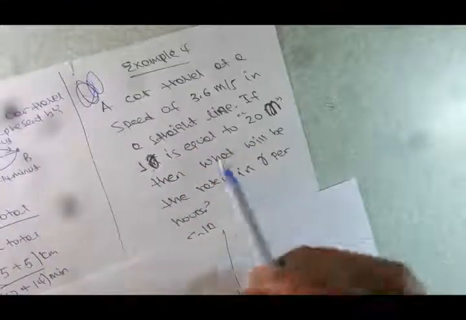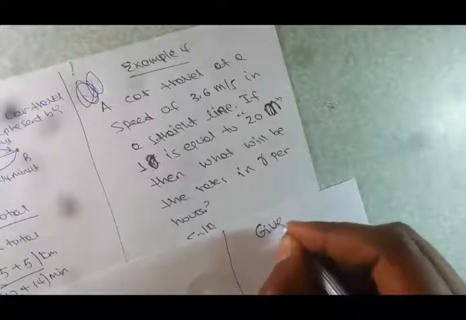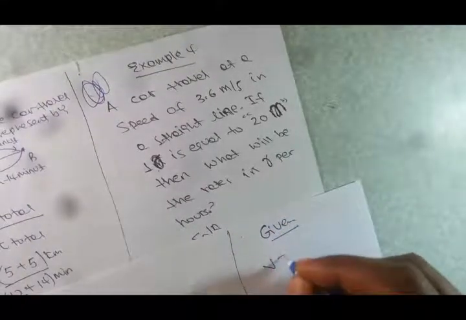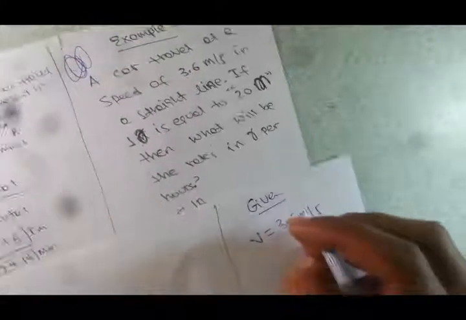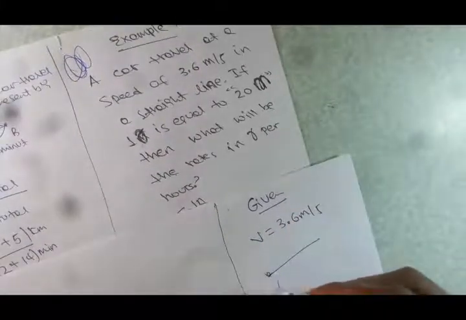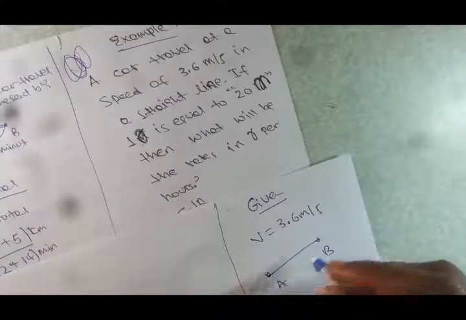Example 4 is given. A car travels at a speed V of 3.6 meters per second in a straight line from A to B, the distance of the straight line.